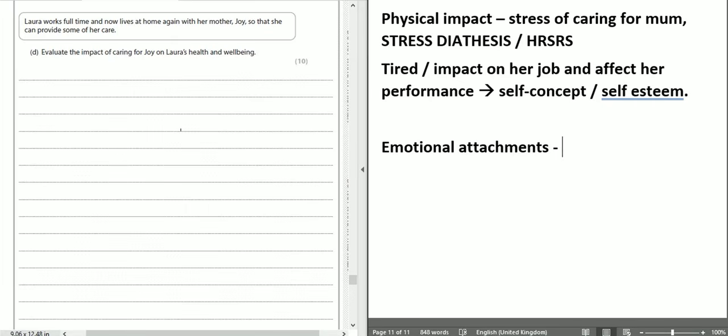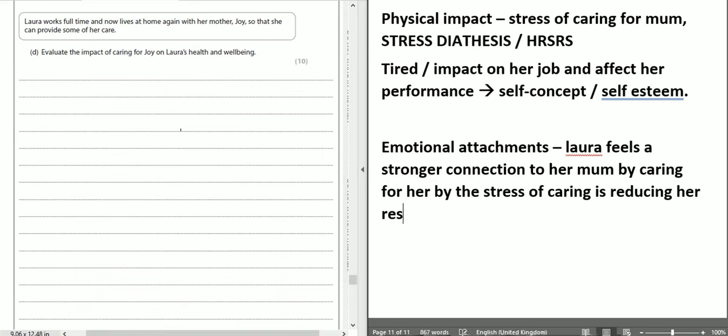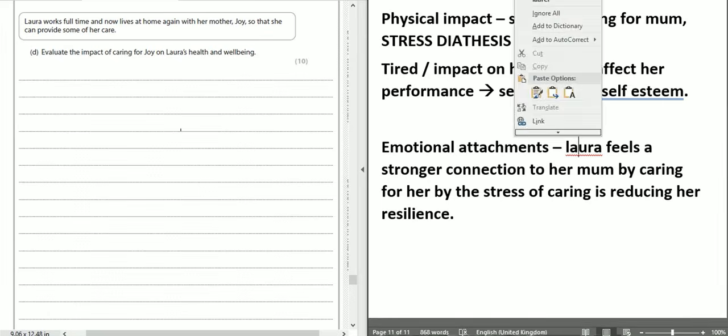So positives would be, obviously, Laura feels a stronger connection to her mum by caring for her. But the stress of caring is reducing her resilience to do so.